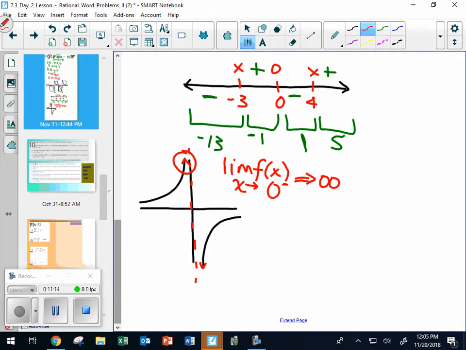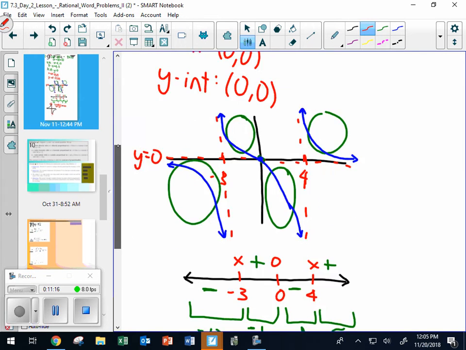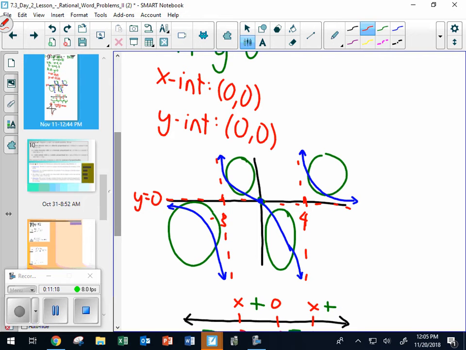Keywords there are long term. If we are looking up here at this part of our function, and we were just looking at long term, is our long term behavior crossing the asymptotes? They're not. But right here in the middle, it is allowed to cross because it is not the long term behavior.